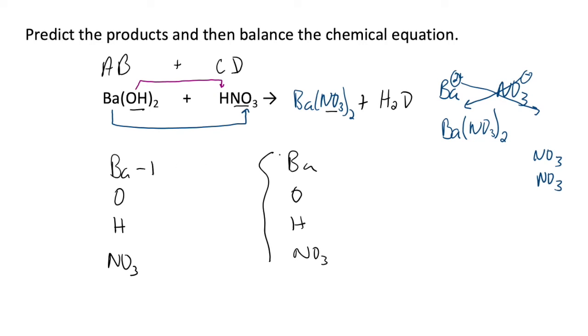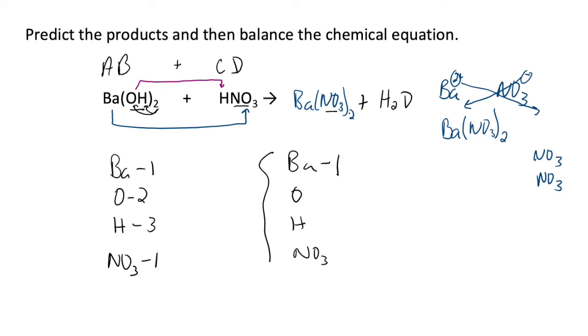We have one barium. We will distribute this to each of the atoms inside the parentheses. So 2 times the subscript of 1 for the oxygen gives us 2 oxygens. 2 times the subscript of 1 for the hydrogen gives us 2, plus the 1 for the nitric acid gives us 3 hydrogens. And we have 1 nitrate. Tallying up on our product side, we have 1 barium.